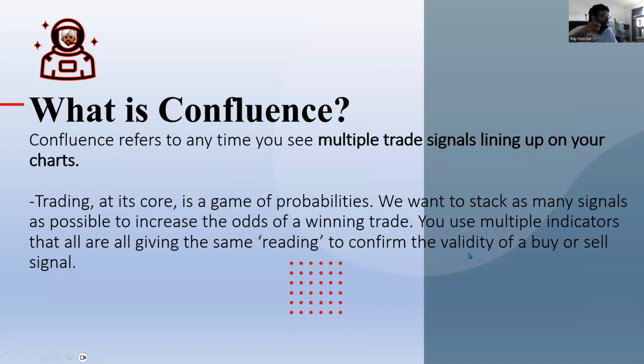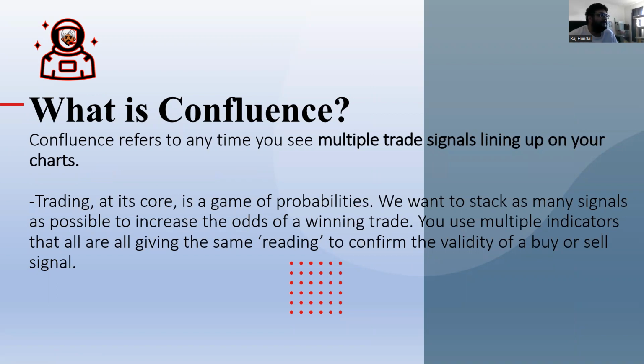Confluence essentially refers to any time you see multiple trade signals that are all lining up on your charts at the same time. Trading is essentially just a game of probabilities, and you want to stack as many signals as possible to increase the odds of a winning trade.